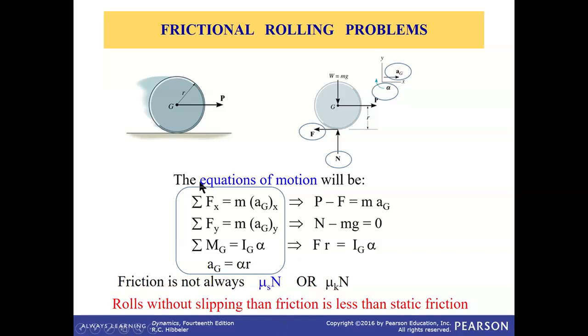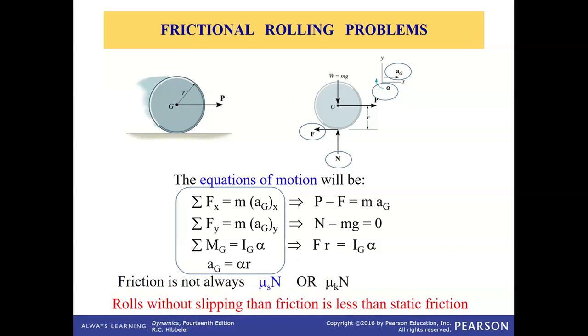So when we solve this type of problem, we apply these 4 equations and calculate friction, and we make sure that this F is less than mu s N. That means the wheel does not skid while it rotates. So this is case number 1.